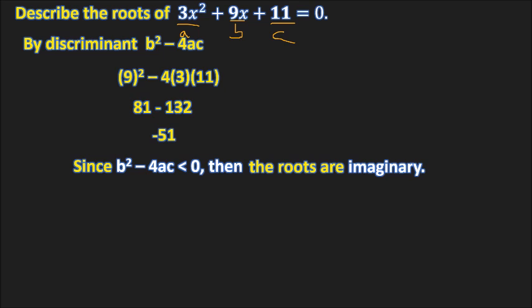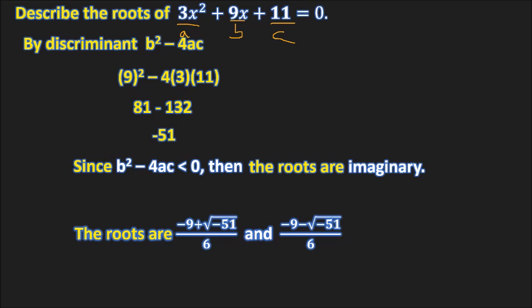So if you try to do some computations using the quadratic formula, you will find out that the roots are negative 9 plus square root of negative 51 all over 6 and negative 9 minus square root of negative 51 all over 6. And using the symbol i, it's negative 9 plus i square root of 51 all over 6 and negative 9 minus i square root of 51 all over 6.